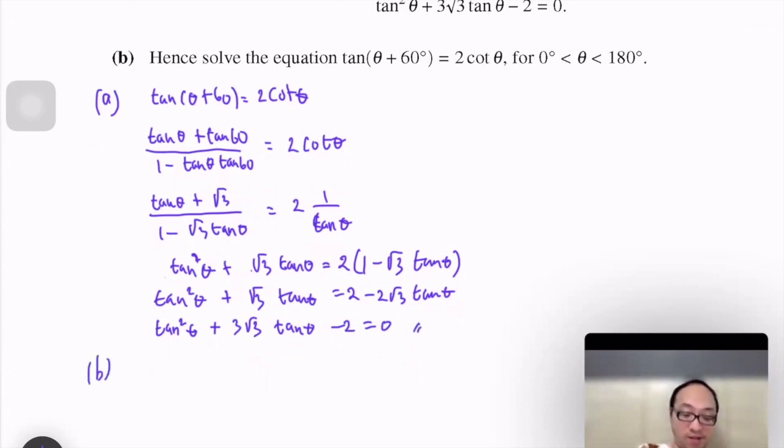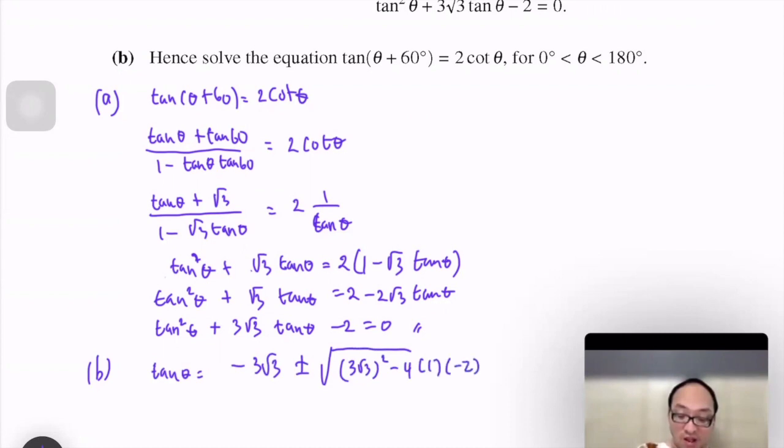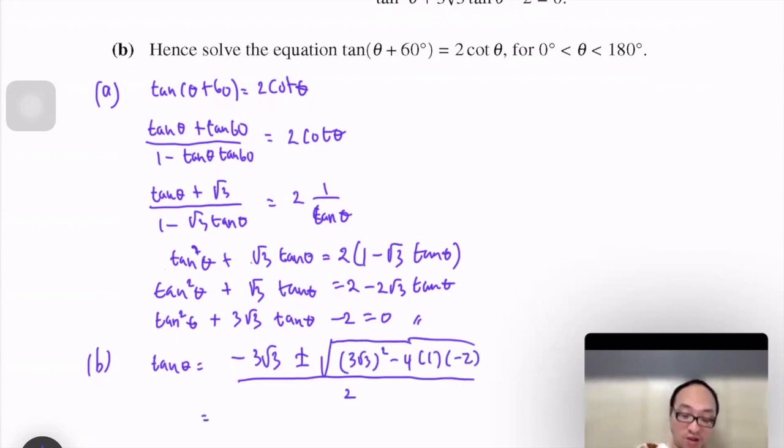B. Solve for θ between 0 and 180. We just need to use the quadratic formula. So tan θ is (−3√3 ± √((3√3)² − 4(1)(−2))) divided by 2.